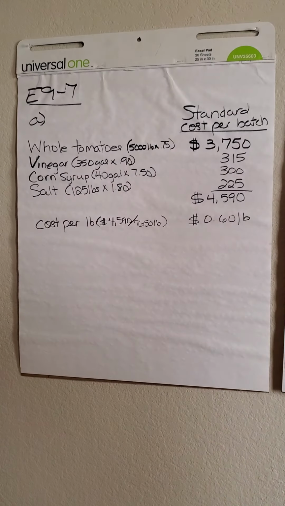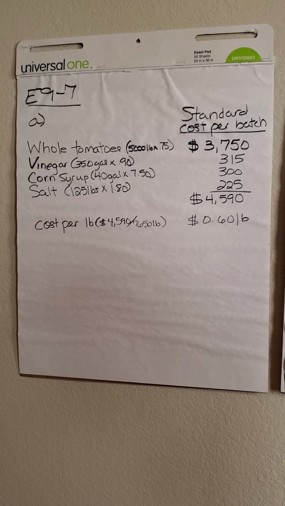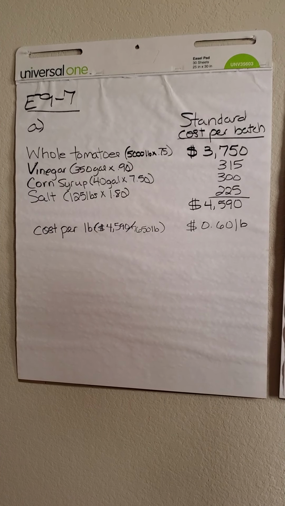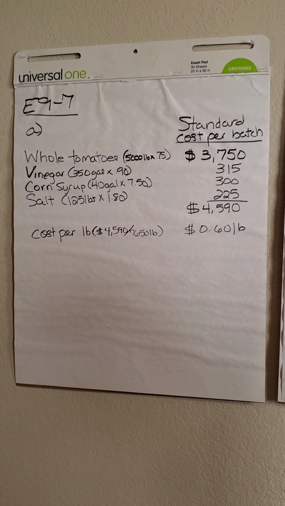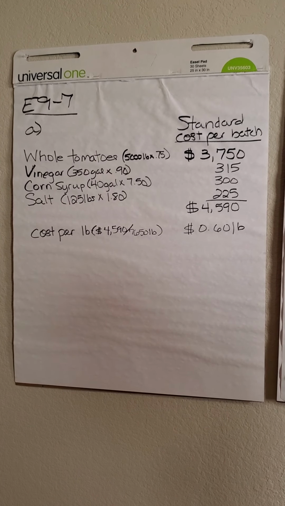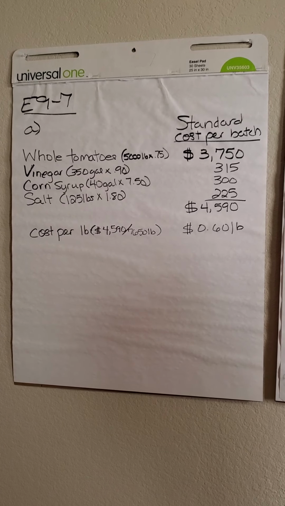And then in B, it says determine the direct materials quantity variance for batch 899. If required, round amounts to the nearest cent as a positive number.